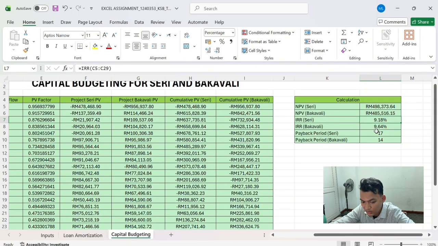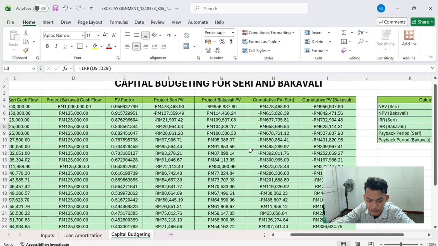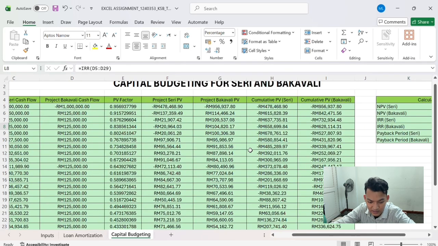So the IRR that we get for Seri is 9.18%, and the IRR for the Bakawali project is 9.64%.